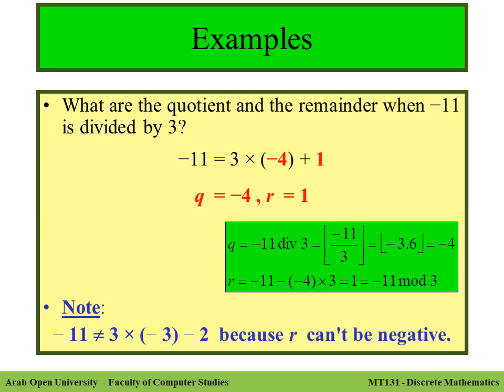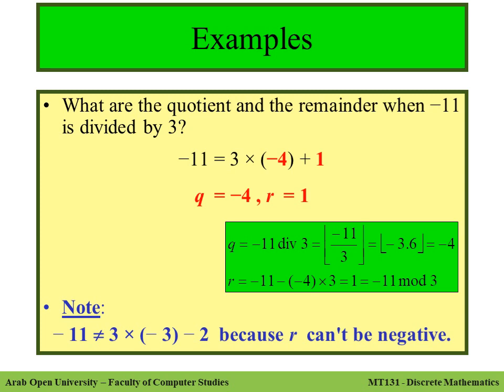This is the correct way to do it. Minus 11, when you divide it by 3, you should get a quotient equal to minus 4, and the remainder is minus 11 minus minus 12, which will give you 1. Quotient is equal to minus 4, remainder is equal to 1.